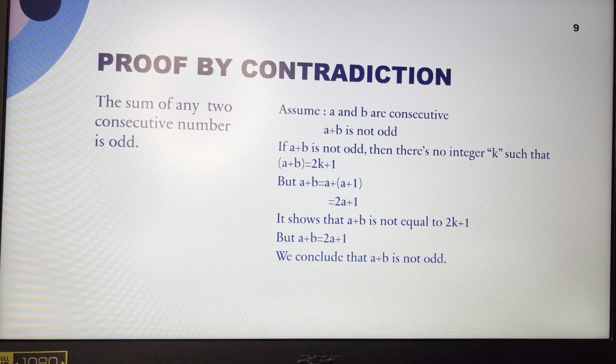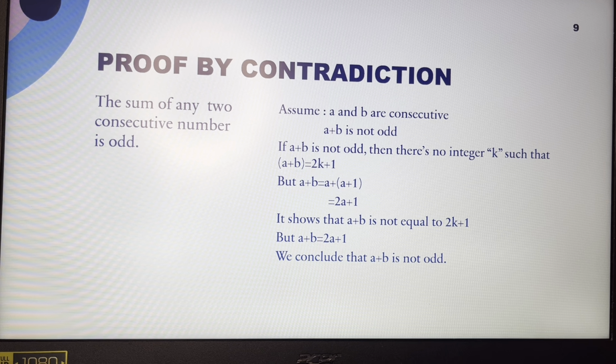But a plus b equals a plus a plus 1, and simplify it to a plus b equals 2 times a plus 1. So it shows that a plus b is not equal to 2 times k plus 1. But a plus b equals 2 times a plus 1. We can conclude that a plus b is not odd.